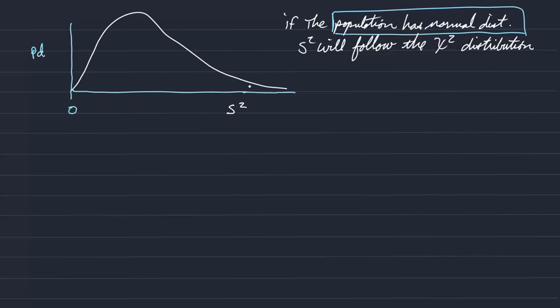As we make repeated samples, S squared will be centered near sigma squared, and it will vary about sigma squared. Let's convert to a standard variable.